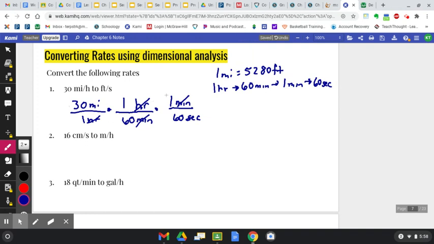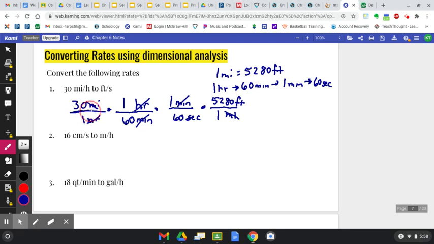So if I multiplied this out right now, I would have miles per second. That's the unit that I have. But I want feet. So then I got to take miles, which is on top, and I put that unit on bottom, and my conversion is 1 mile is 5,280 feet, right? And now miles will cancel, right?